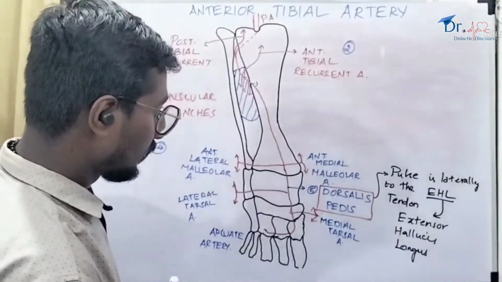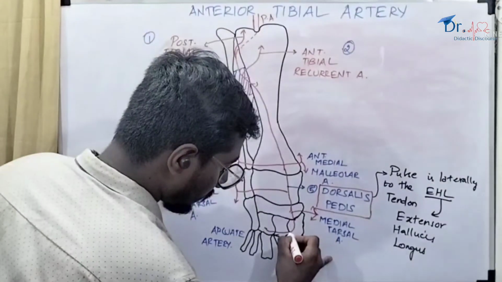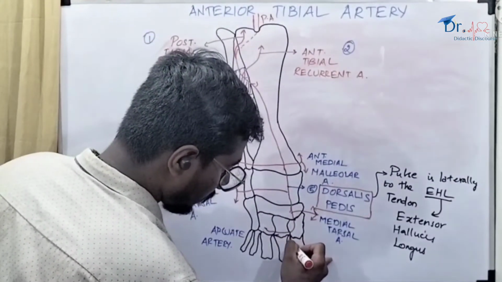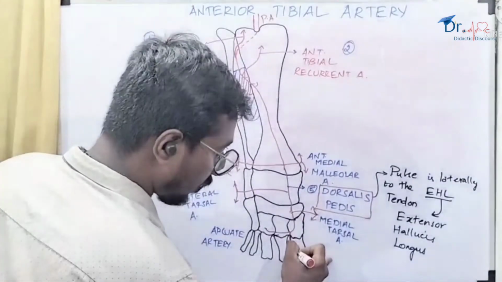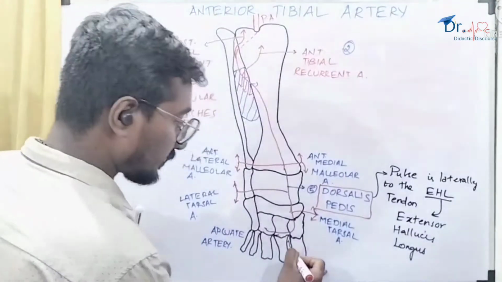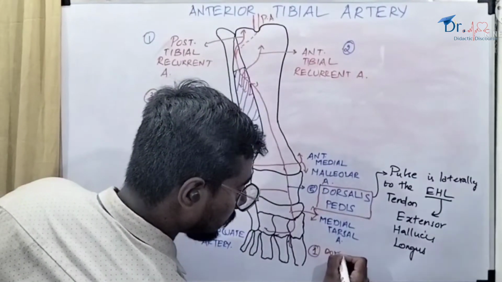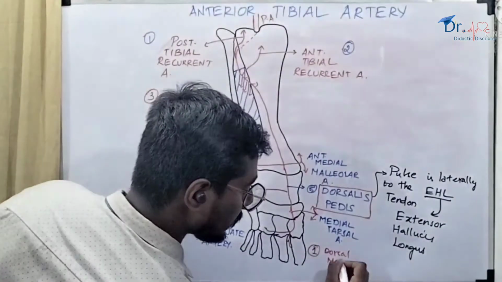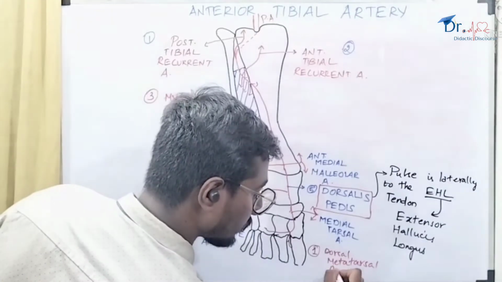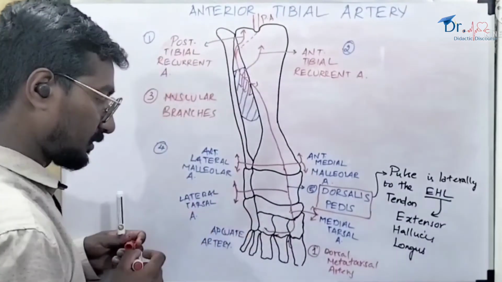So in the end, the dorsalis pedis artery gives out two branches. The first branch is the first dorsal metatarsal artery, and it also gives the deep plantar artery.